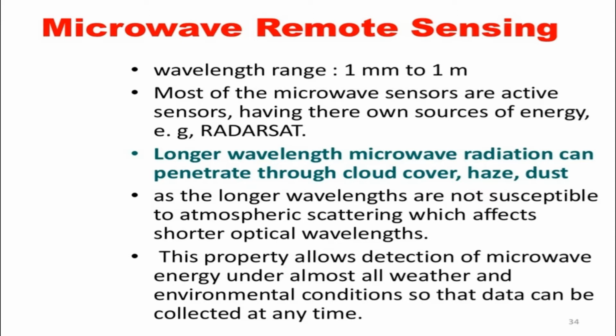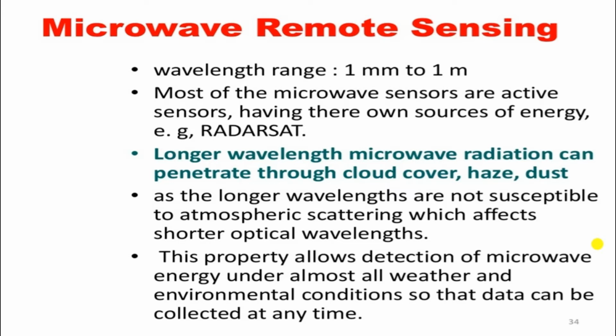Generally, longer wavelength microwave radiation can penetrate through cloud cover, haze, and dust. So if you want to find out the characteristics of any celestial body, we use microwave remote sensing, as the longer wavelengths are not susceptible to atmospheric scattering, which affects the shorter optical wavelengths.